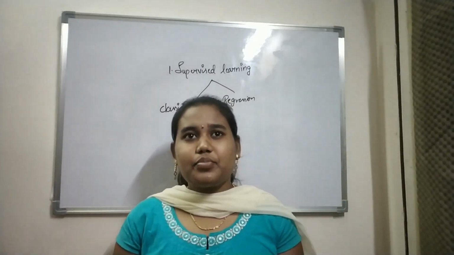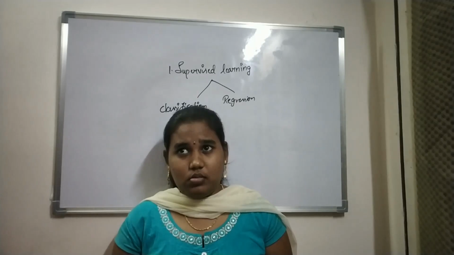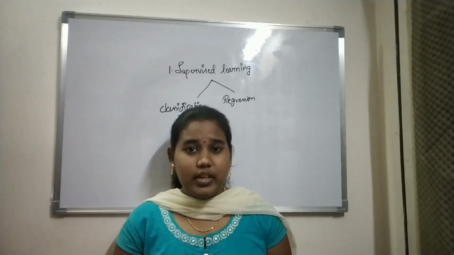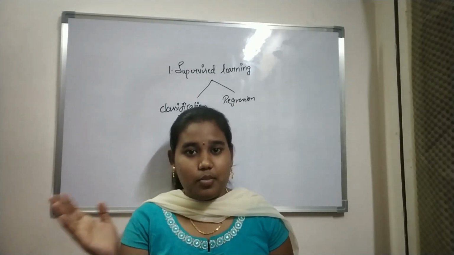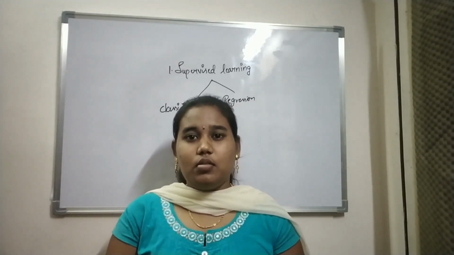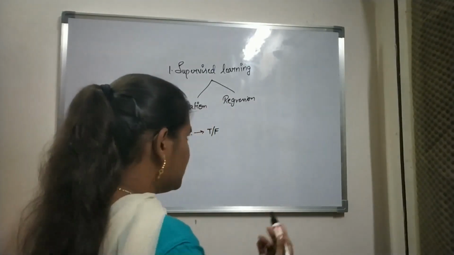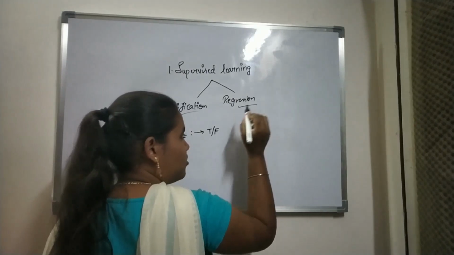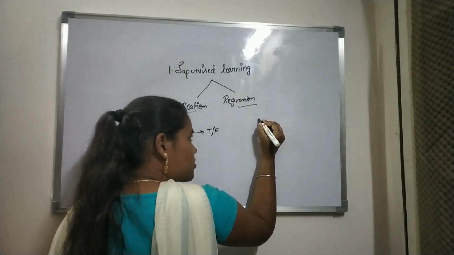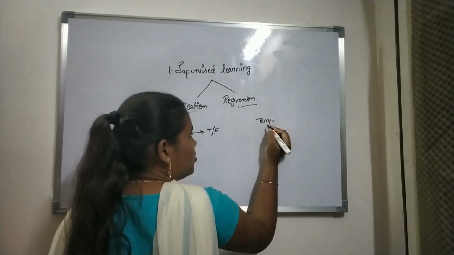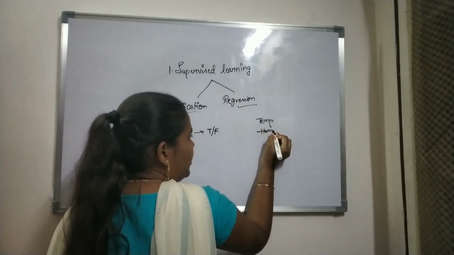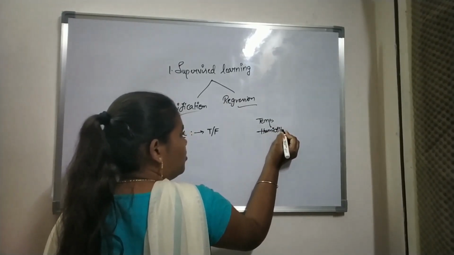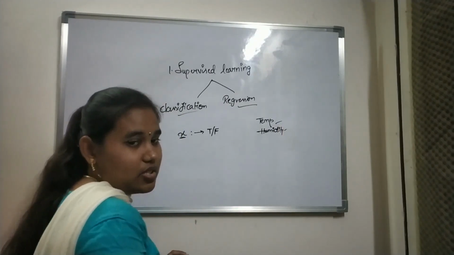Fine. So for a simple example, in regression I'll be taking weather prediction. Fine. Here I consider two variables. As I already said, regression will be considered with variables. So my variables are temperature and humidity. Okay, these are my two variables.